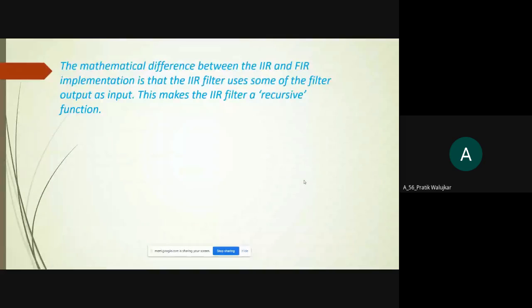As I said earlier, the mathematical difference between IIR and FIR in implementation is that the IIR filter uses some of the filter output as an input, meaning feedback. This makes the IIR filter a recursive function.